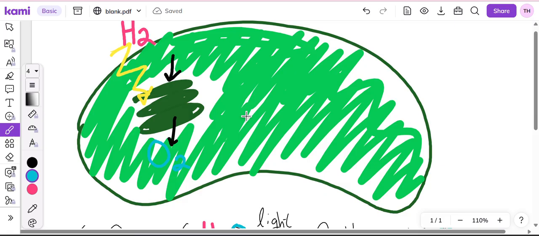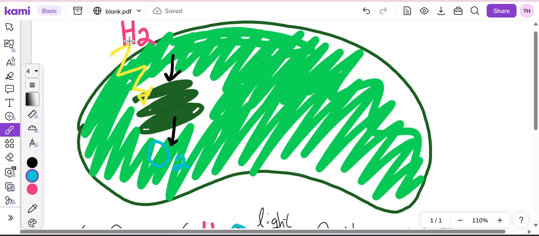The hydrogen will go through ATP synthase, which is our protein that puts together adenosine diphosphate plus that third phosphate group to make adenosine triphosphate. So the ATP synthase does that.